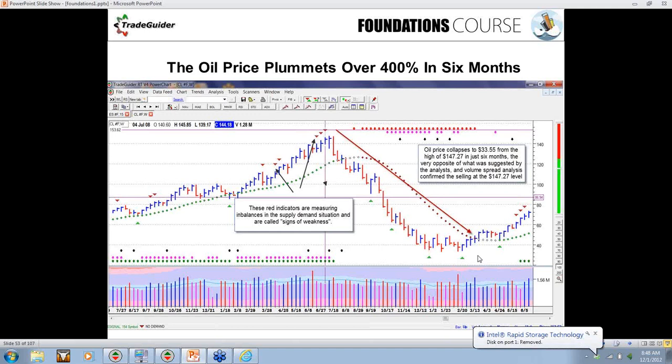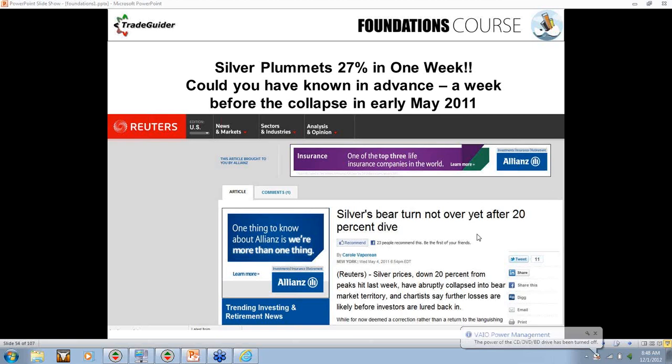Now here's a great example of how our scanner in TradeGuider picked up the plummet in silver a week before it happened. A week before it happened. Now we have 2 scanners in the TradeGuider program that scan the markets. One of them is an indicator scanner.